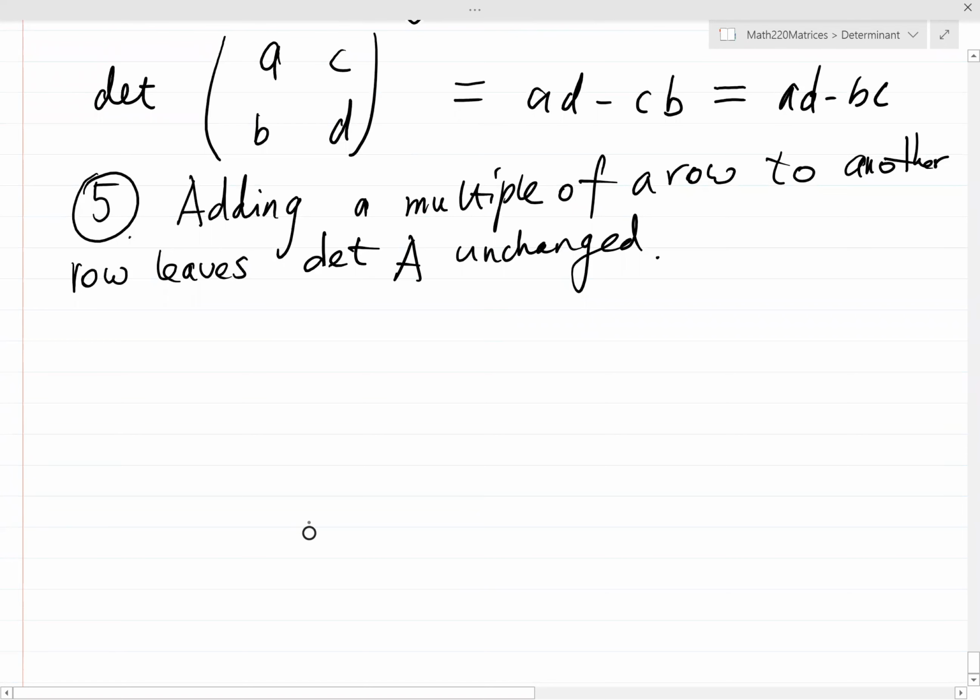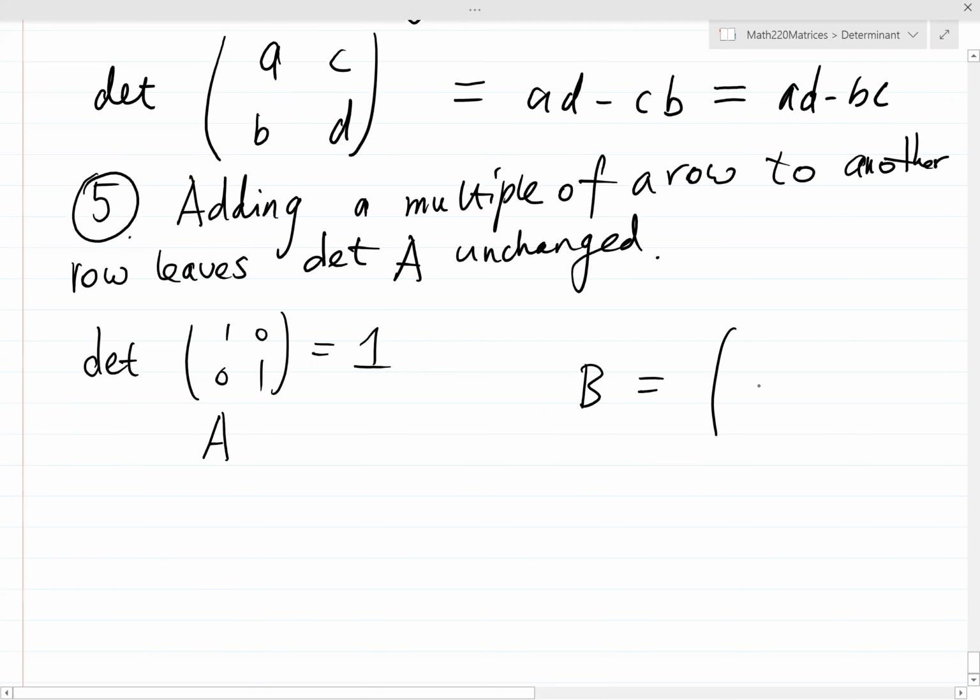For instance, the determinant of 1, 1 is 1. Now, let's add a multiple, say twice, of the second row to this matrix A. How do we get B?